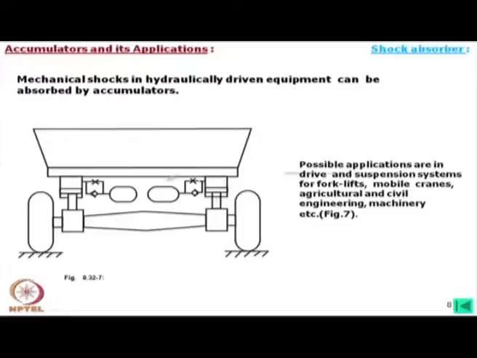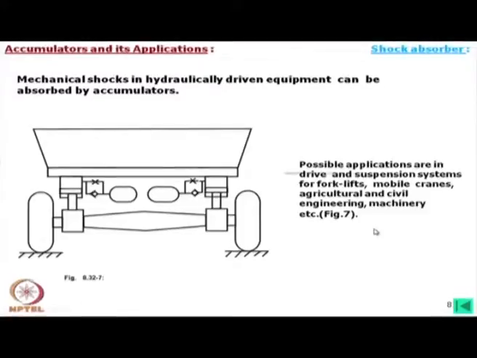So, we have to pre-charge the system, and then when any shock comes over here, the oil goes inside, and while it is going back to the cylinder, it goes through this path. Okay.